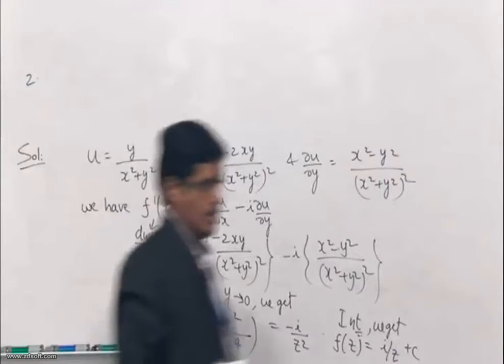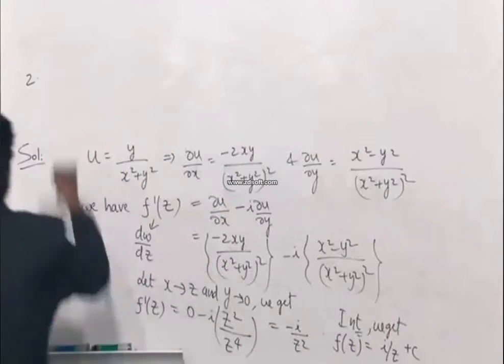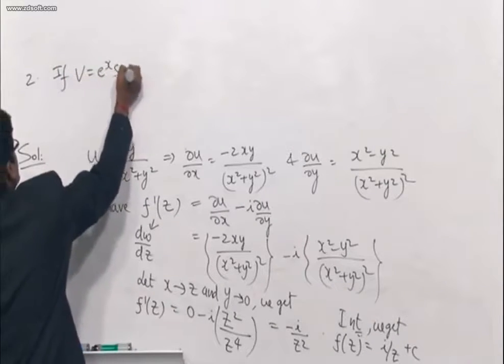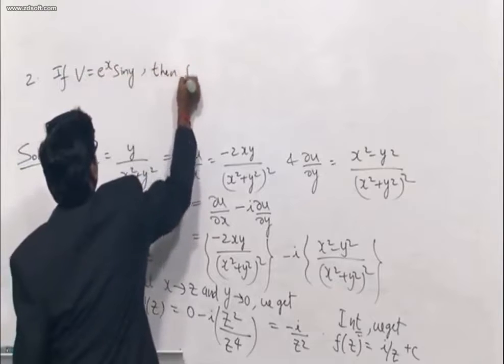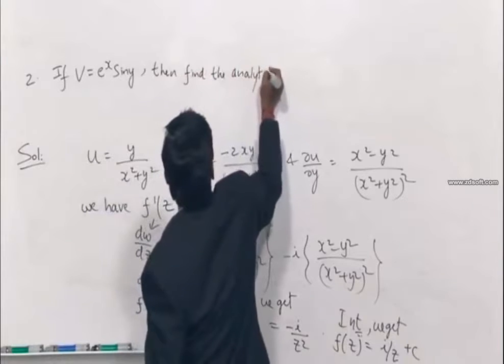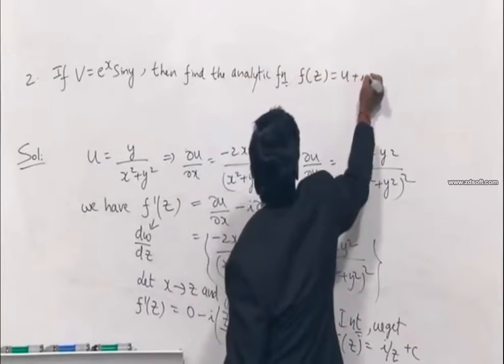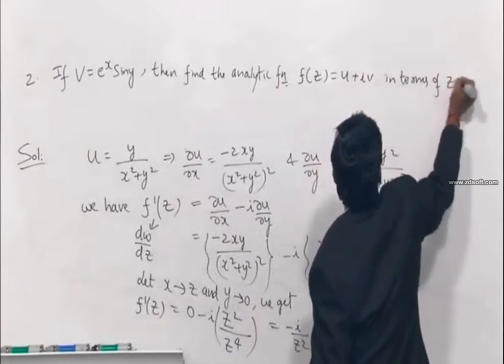Second one: if v is equal to e power x sin y, then find the analytic function f of z is equal to u plus iv in terms of z.